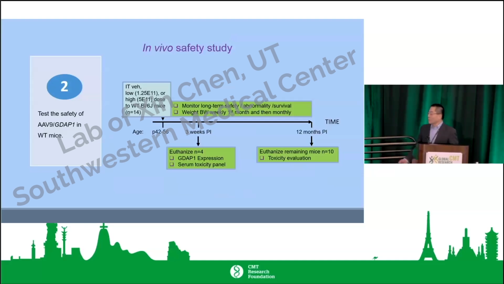At 3 weeks post-injection, we used 4 mice per group for GDAP1 expression and a serum toxicity panel. At the end of the experiment, when mice reached 12 months post-injection, we used all remaining mice for a detailed organ toxicity evaluation by a veterinary pathologist.